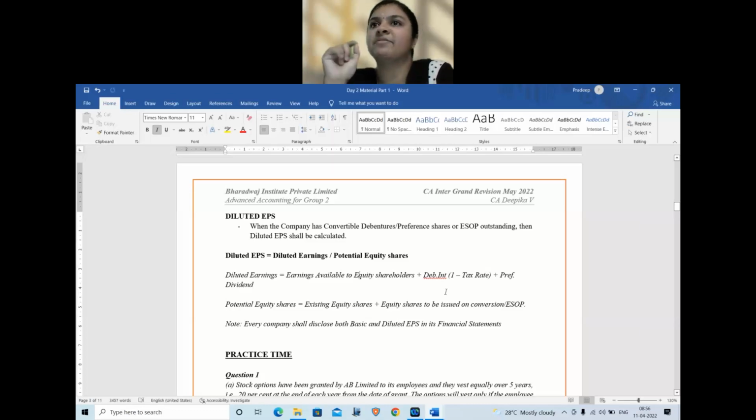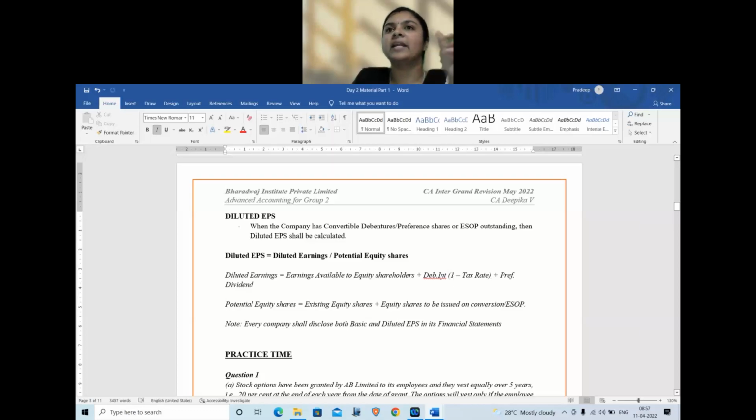Debenture interest has tax benefit. Now if I'm going to add back the interest, profit will increase, so I have to pay tax on that additional profit. So we have to provide for that adjustment. So add interest minus tax. So instead of that, I am doing it as a direct formula, which is debenture interest into 1 minus tax rate.